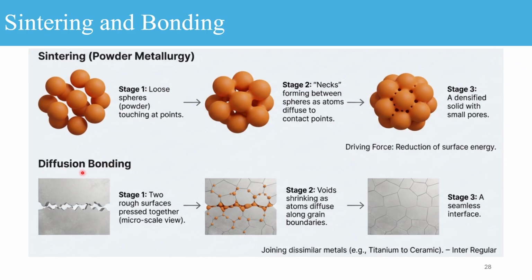The other is diffusion bonding, where we have two different types of metals, mostly metals. They have rough surfaces and they are pressed together at high pressure, and this is the microstructure view.